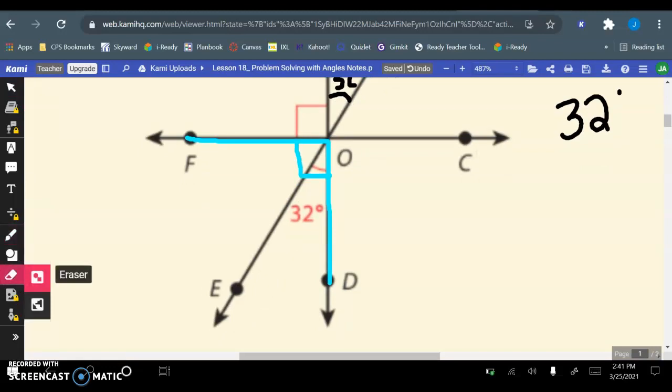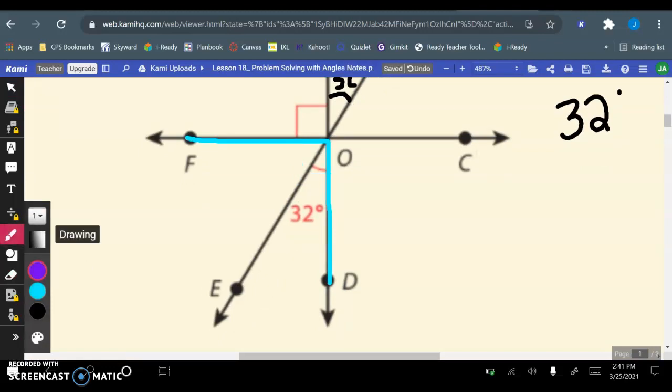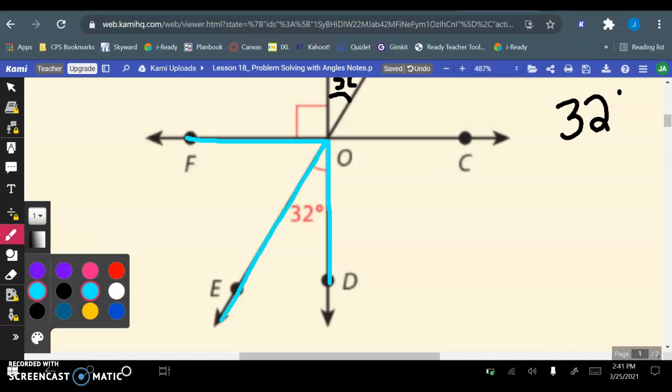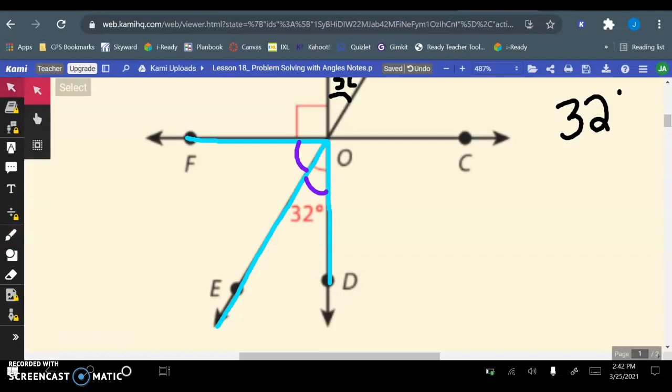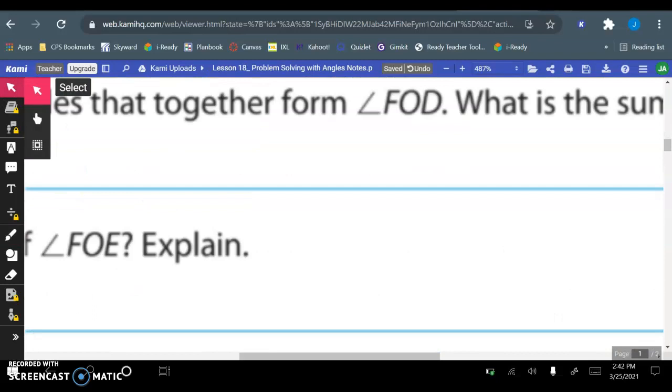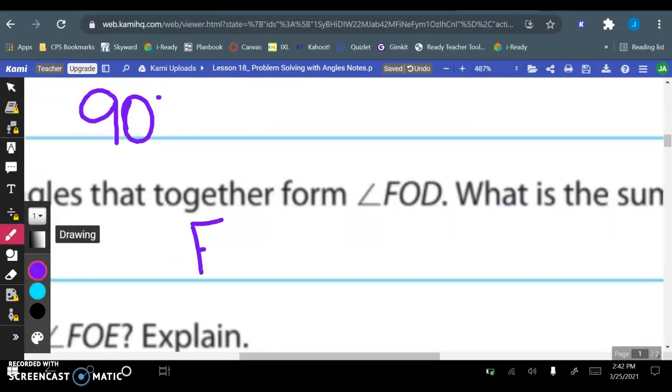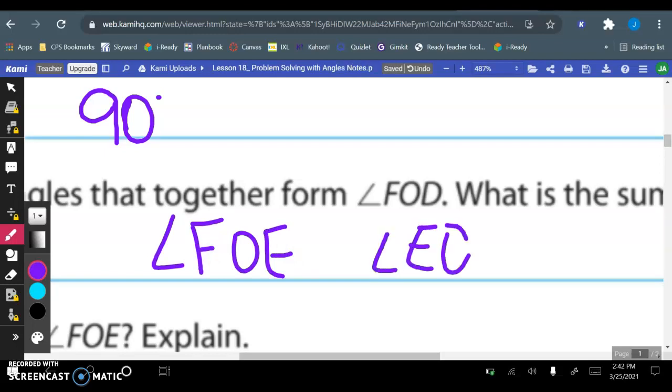And as you can tell, you can see this here, dividing that up into two different angles. So we have this angle and we have this angle. So we have angle FOE and angle EOD.